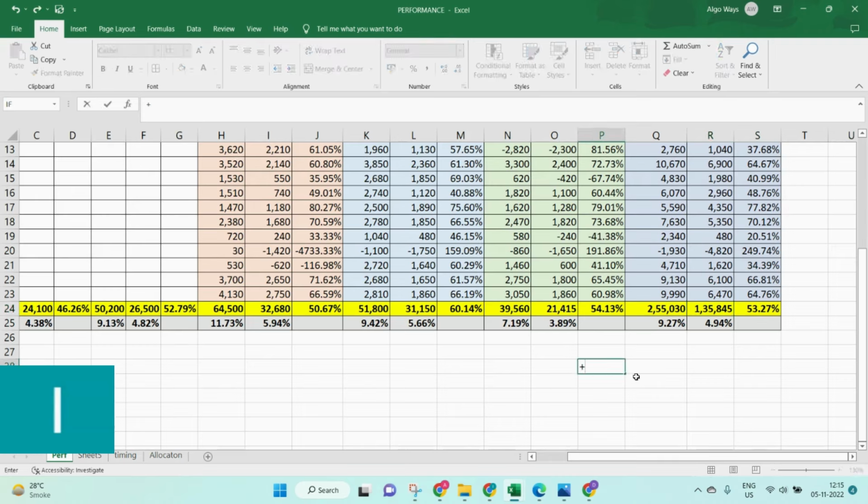So let me put it down. Average expenses per counter: let's take 150 rupees or 160 rupees.